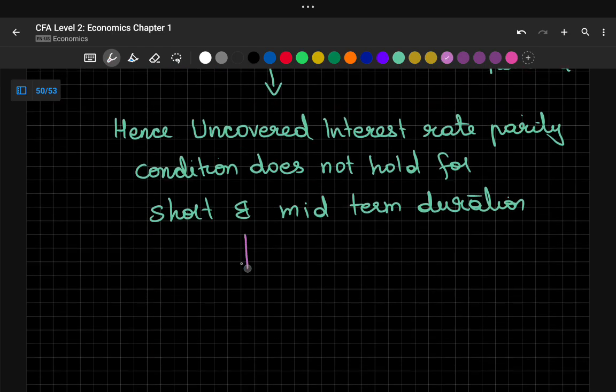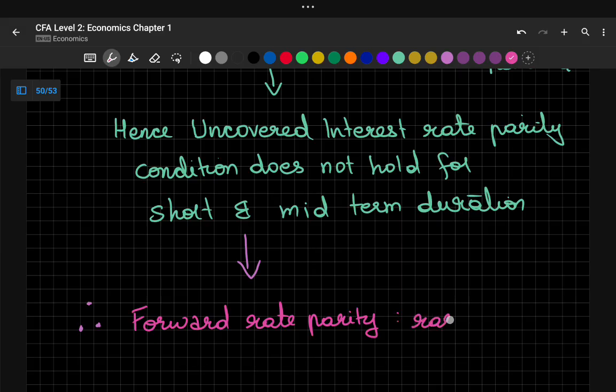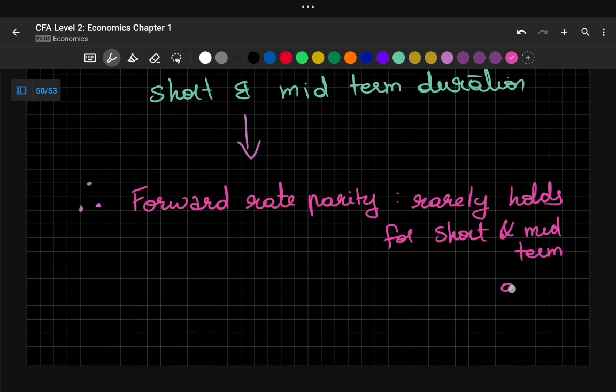Therefore, because forward rate parity is dependent on both covered interest rate parity and uncovered interest rate parity, the forward rate parity condition also rarely holds for short and mid-term duration.